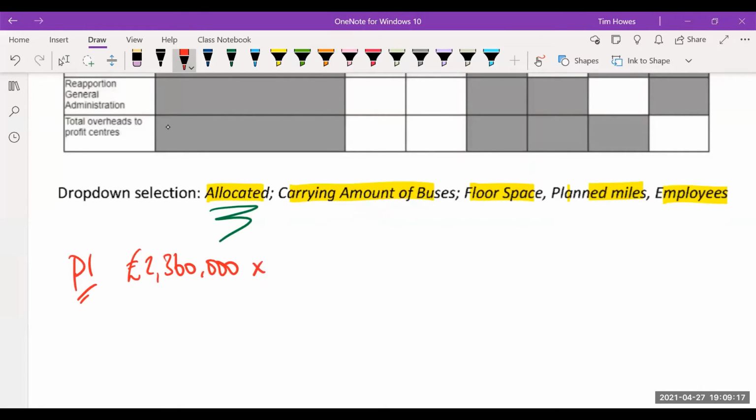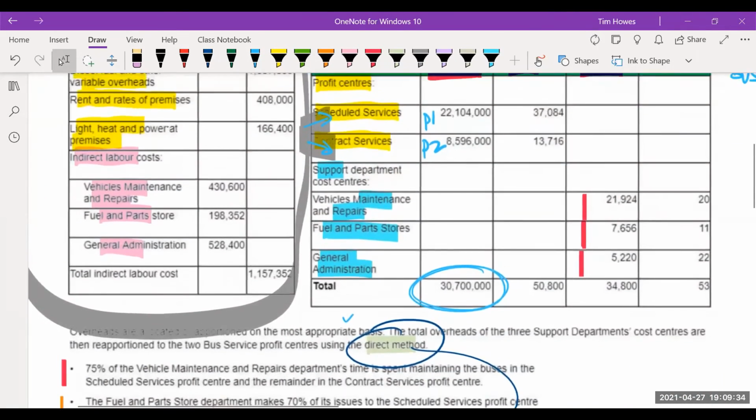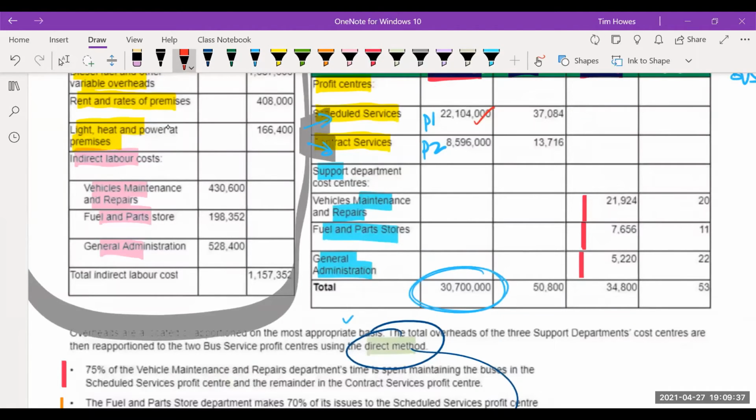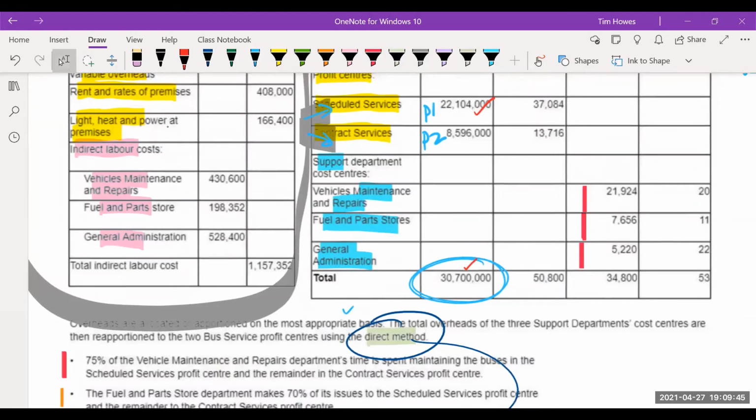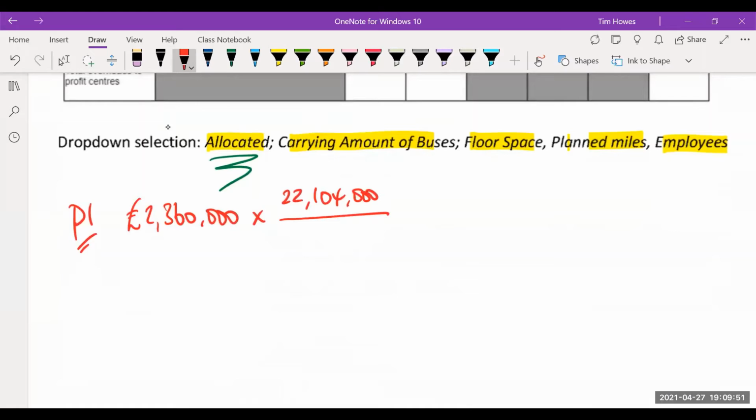And the proportion would be, double-checking my numbers as I pull them out, 22,104,000 out of the 30,700,000, whatever it is, out of that total needs to go into P1. Okay, so let me pop that on there. What was it? 30,700,000. Okay.